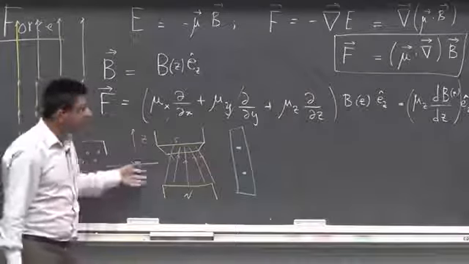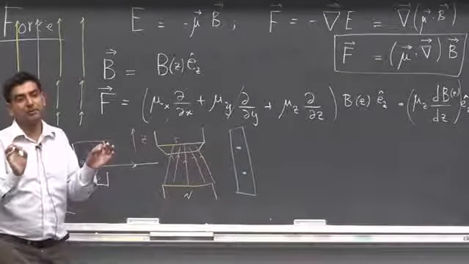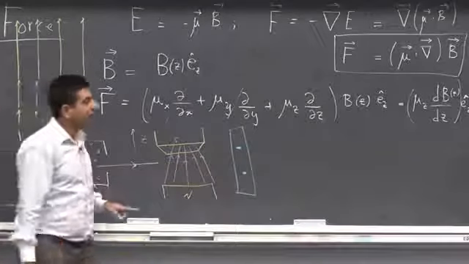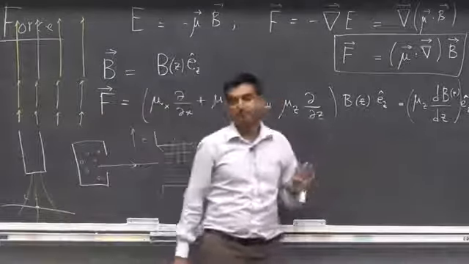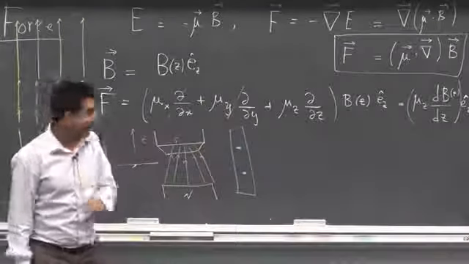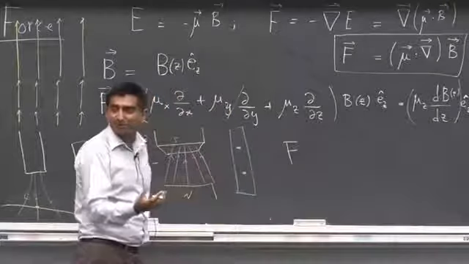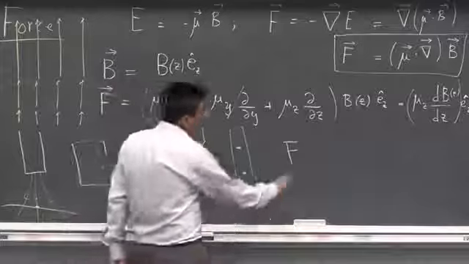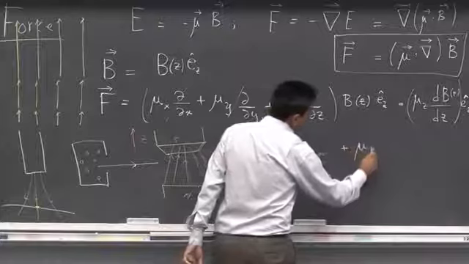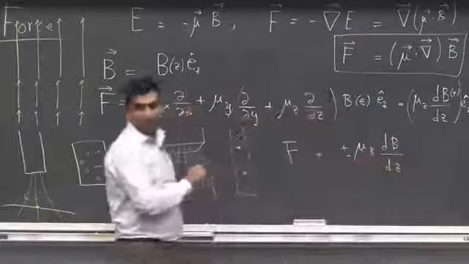In fact, these silver atoms have a single electron in the valence shell, in the s orbital. That single electron has a magnetic moment mu b. You place it inside a magnetic field, the moment could be plus mu b or minus mu b. Hence, the force that acted on these silver atoms, which carried the lone electron, was plus mu b dB over dz or minus mu b dB over dz.